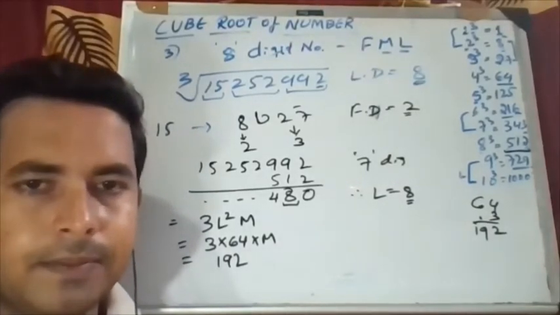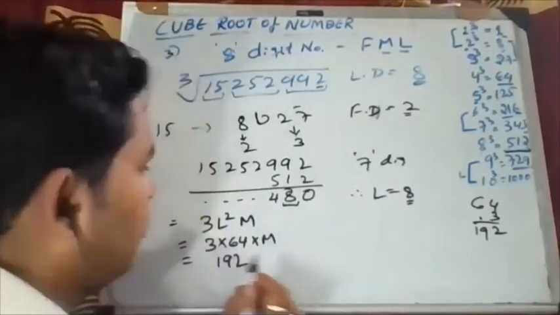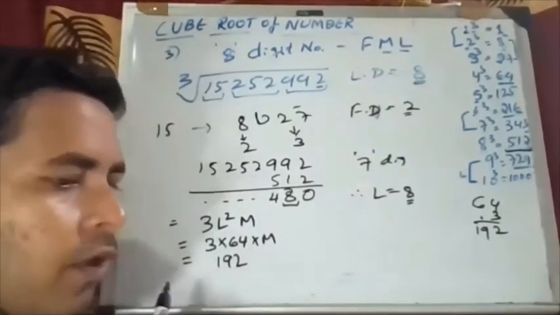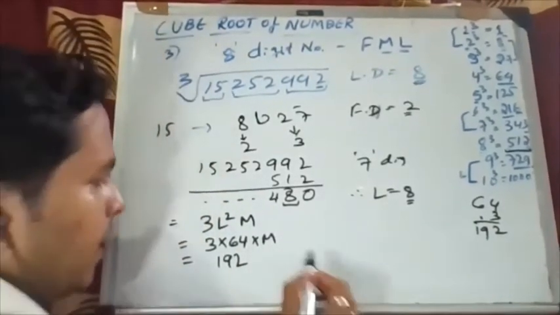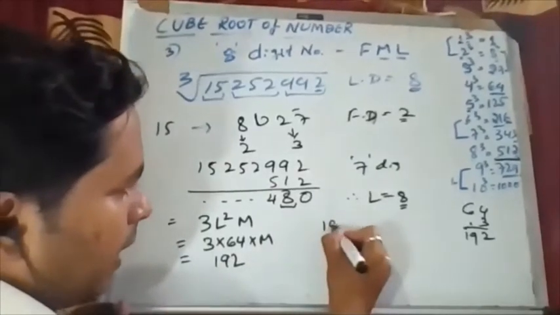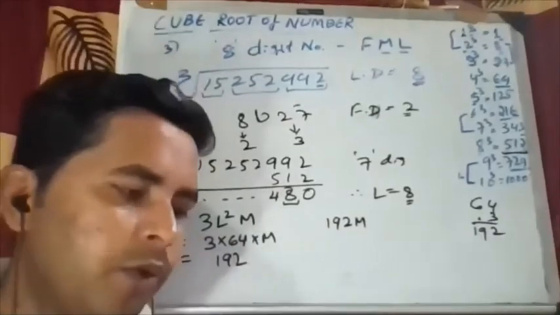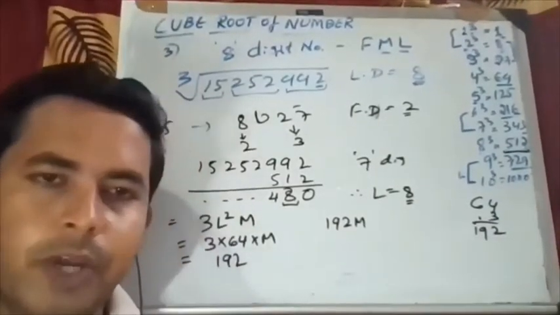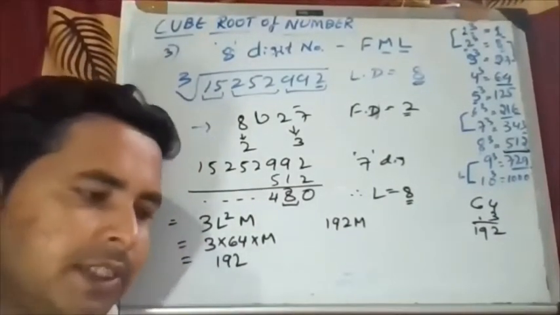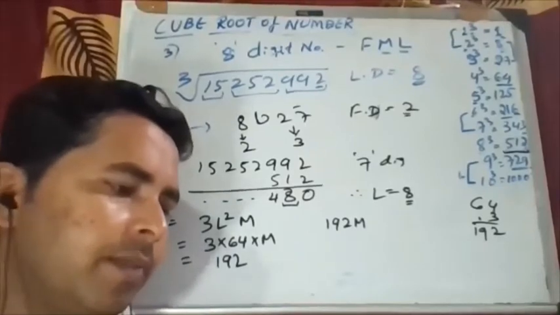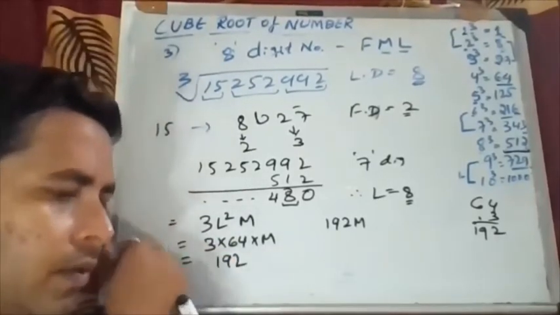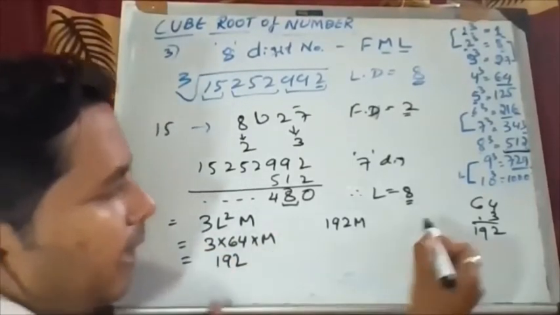Similarly, now find a number 192m. 192m you got. So what you have to do, you have to find a number such that any digit becomes 8.